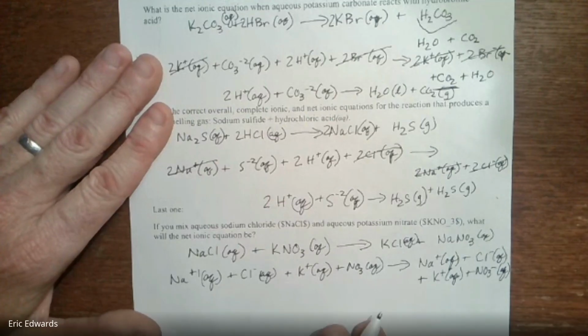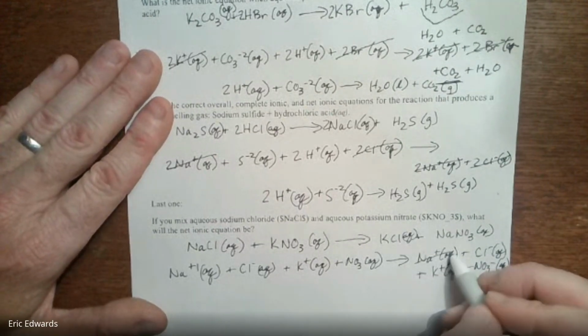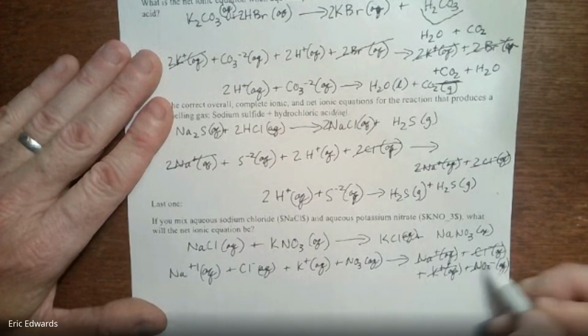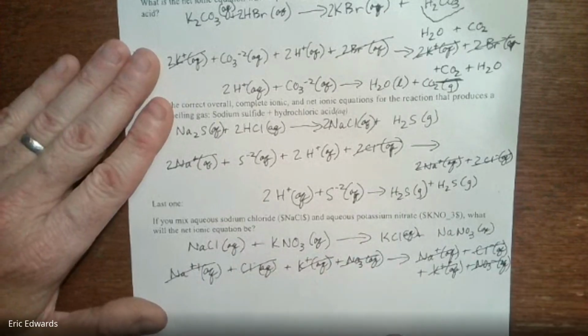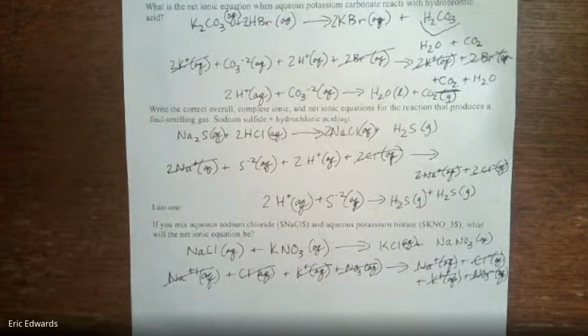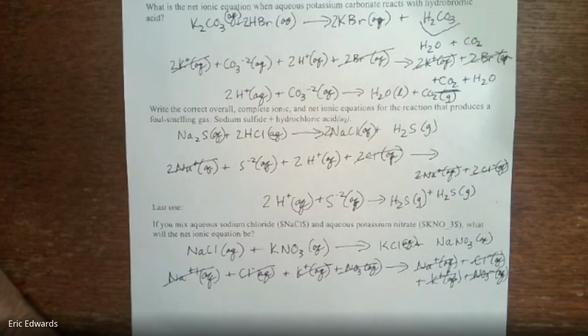Now, if you notice, all of them just stay dissolved, so there's really no reaction that happens here. These are all spectator ions, and nothing happens in that reaction, okay? So those are the types of double replacement chemical reactions that you have, and the outcome of each. I hope that helped.